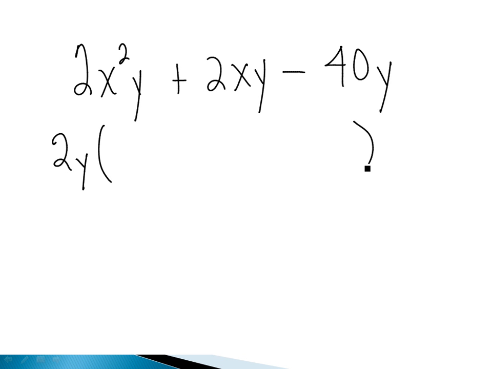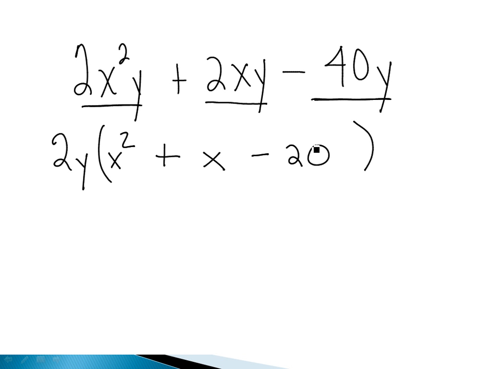So 2y times what is 2x squared y? It is x squared. Okay, we have plus 2y times what is 2xy? It is x. Then 2y times what is negative 40y? It is negative 20. Alright.